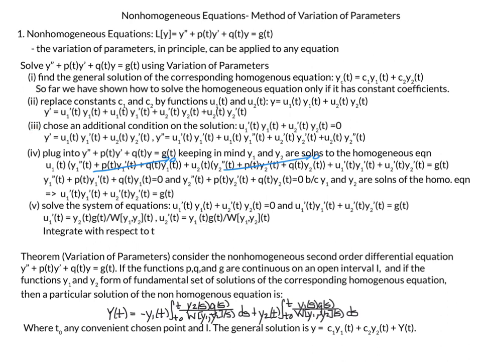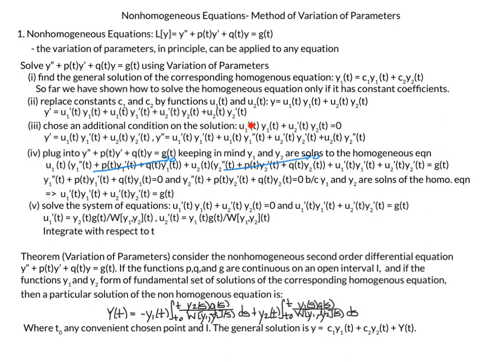For my third step, I'm going to choose an additional condition on the solution. The reason why I can do this is, as you have seen before, for solutions of differential equations, you get a whole family of solutions. You get an infinite number of solutions. So we have chosen to restrict our solutions using this condition here, that u1 prime y1 plus u2 prime y2 equals 0.